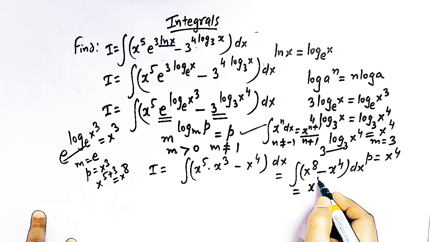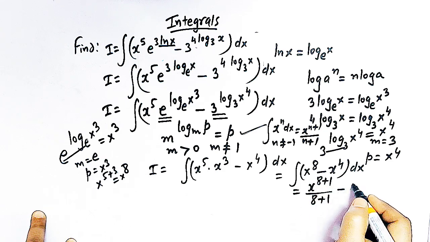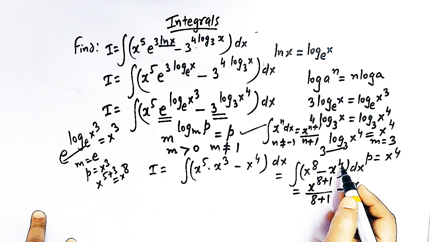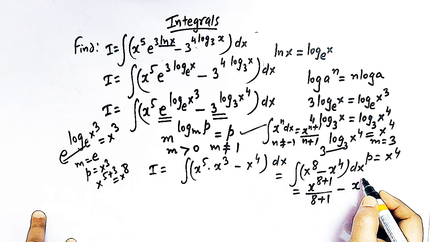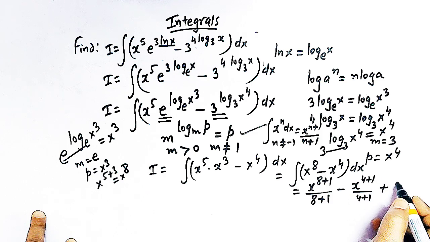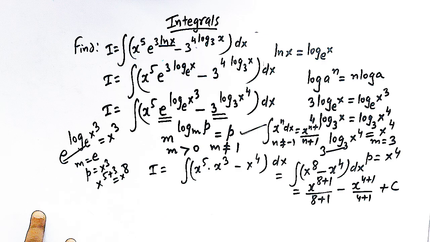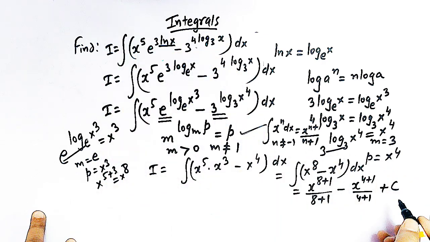So we have x raised to 8 plus 1 over 8 plus 1. Then here in the second term we have x raised to 4. So the value of n is 4. So we have 4 plus 1 over 4 plus 1, and c is the constant of integration, because in indefinite integrals we take the constant of integration.